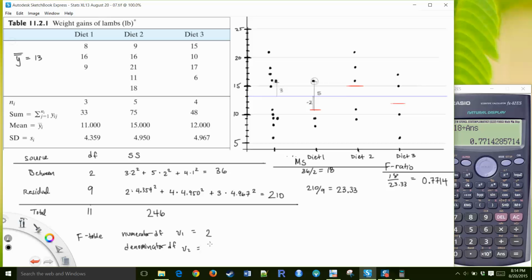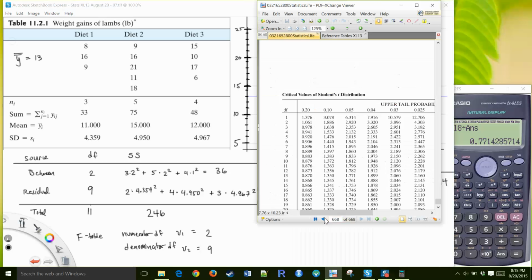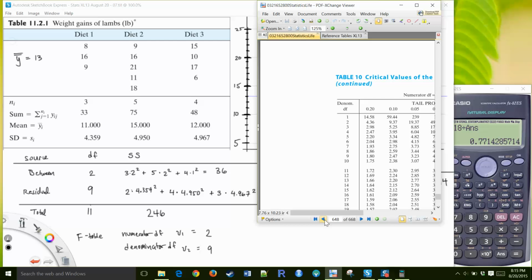Table 10, critical values of the F distribution, is like 10 pages long, and they have a different page for each numerator degrees of freedom. So I'm going to go to numerator degrees of freedom equal to 2 and denominator degrees of freedom equal to 9.